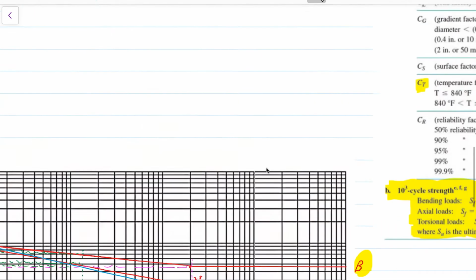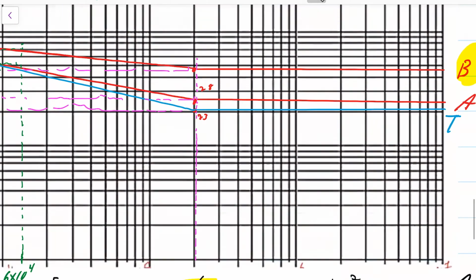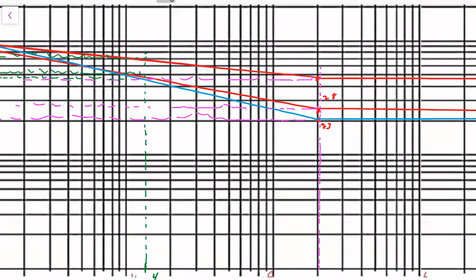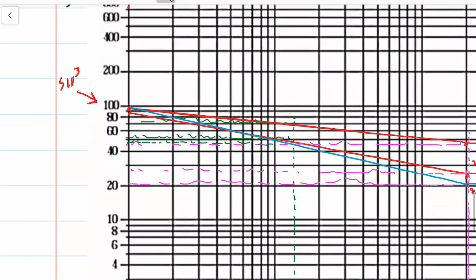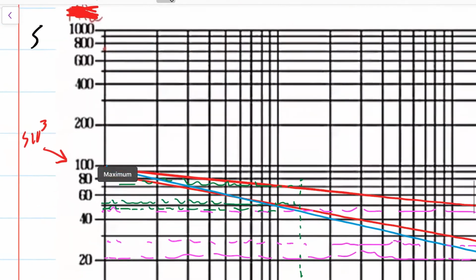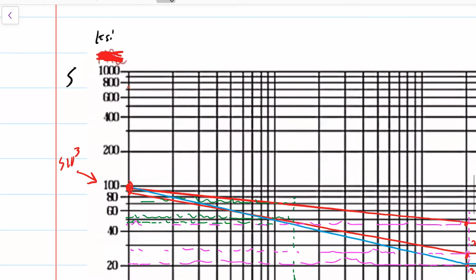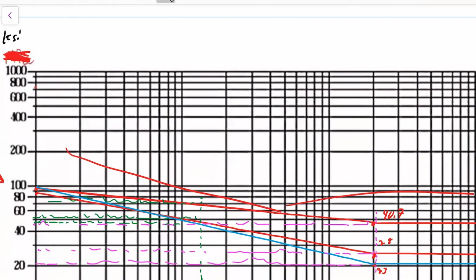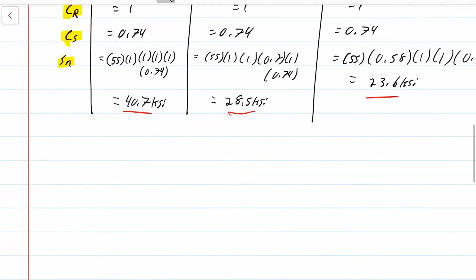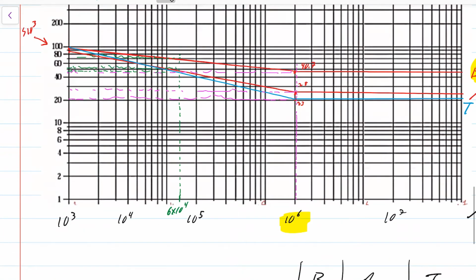We go up here, and we were given 40.7. Then you look at your S10 to the 3 value, which is 99 KSI, put that there, and draw your line across where it intersects at the point. That's how you do the first one.